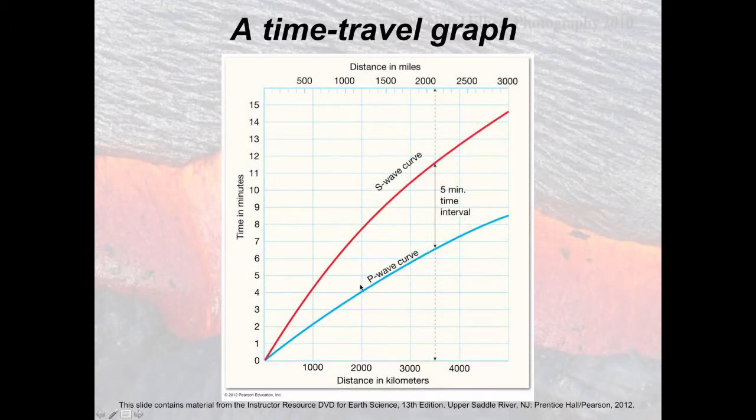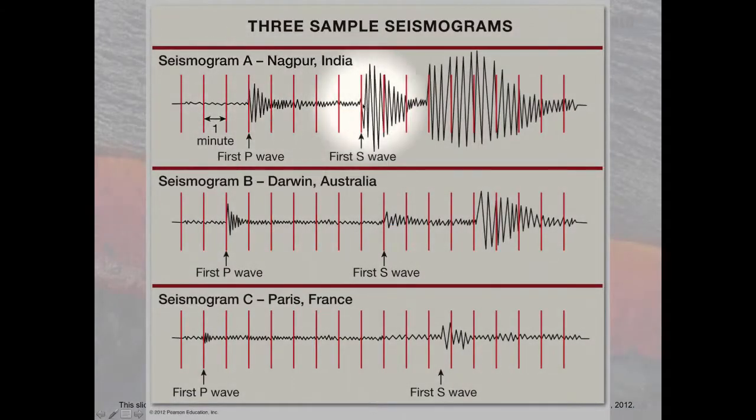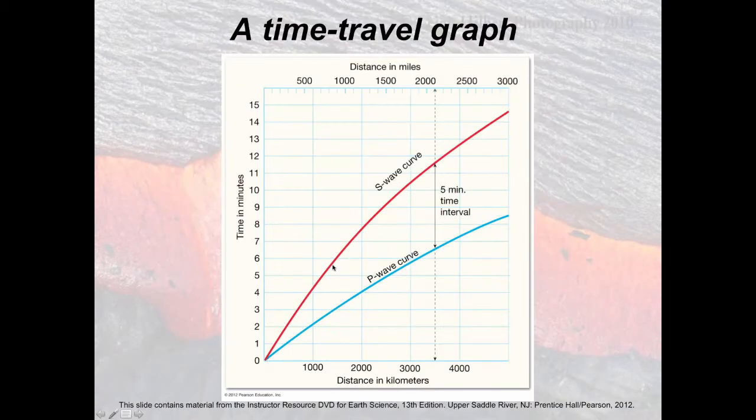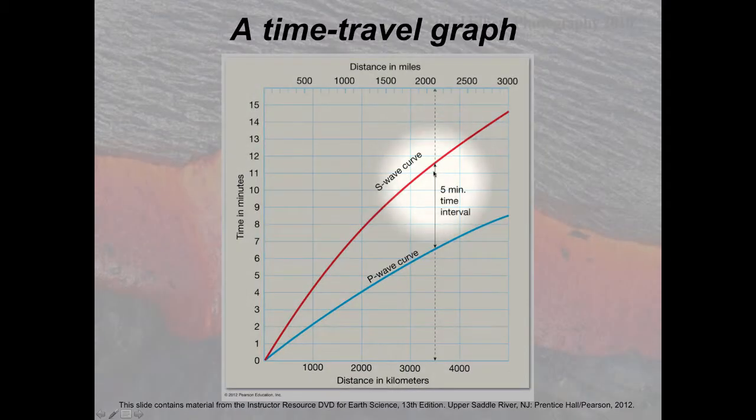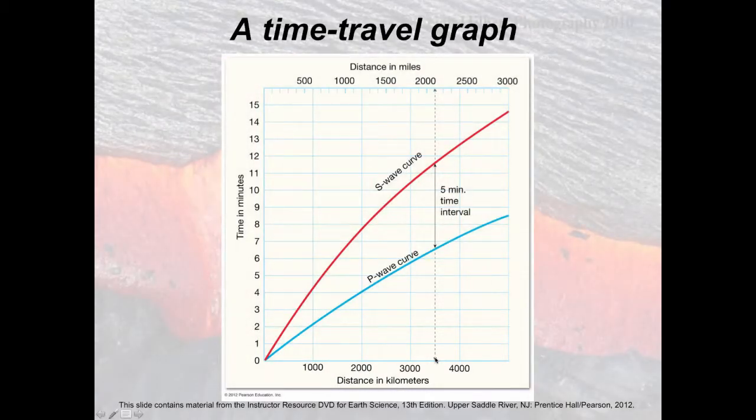Well, the distance between these two, if we know that we have a 5-minute time difference between the P and the S wave, as we do here, between that and that, we can say, well, that earthquake occurred 3,500 kilometers away.